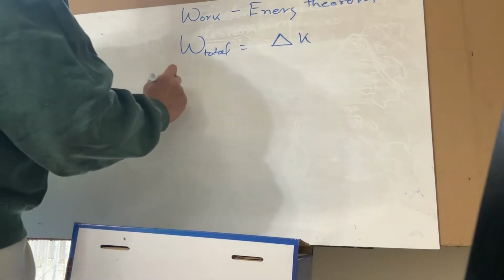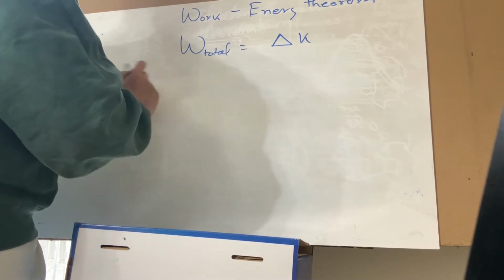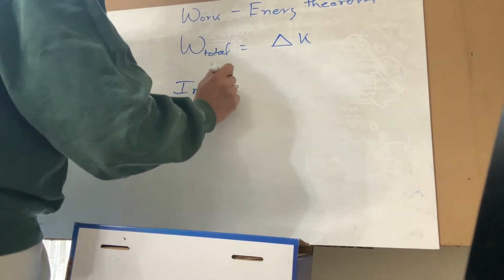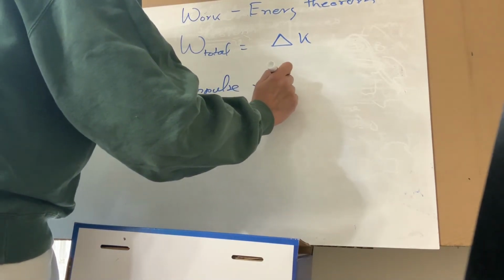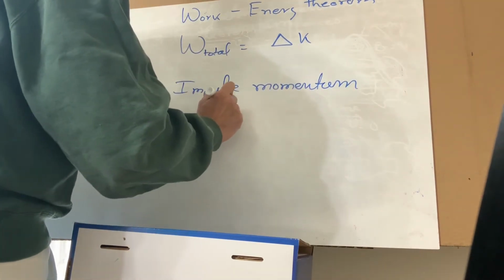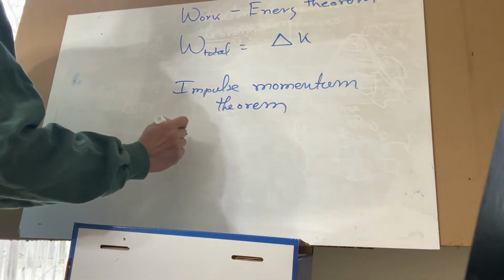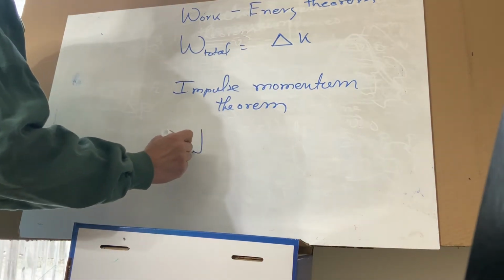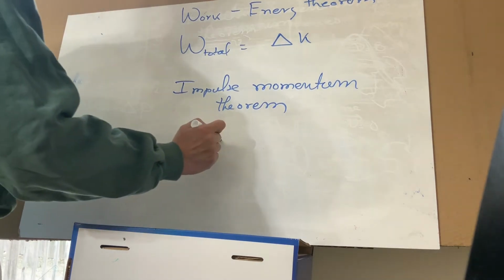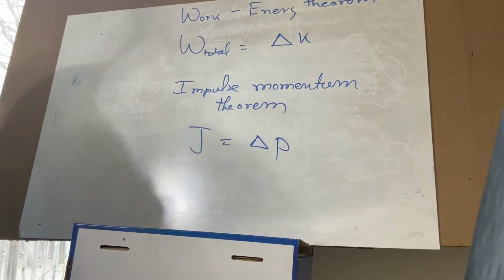In chapter 7, we talk of the impulse momentum theorem. The impulse momentum theorem states that the impulse, which is the force and how long the force acts, changes the momentum.